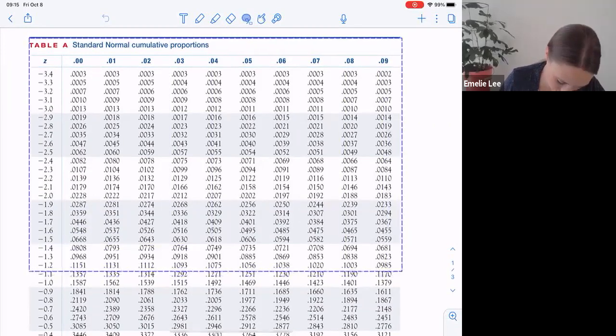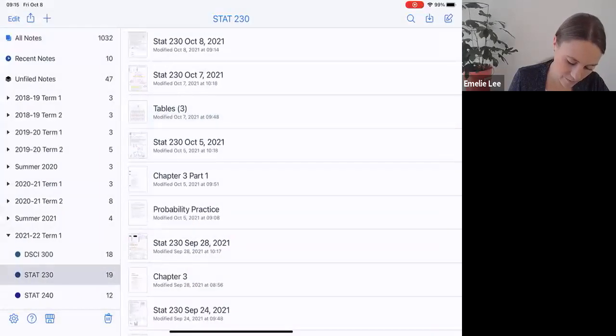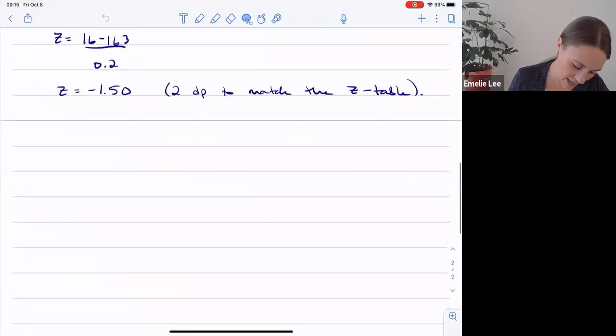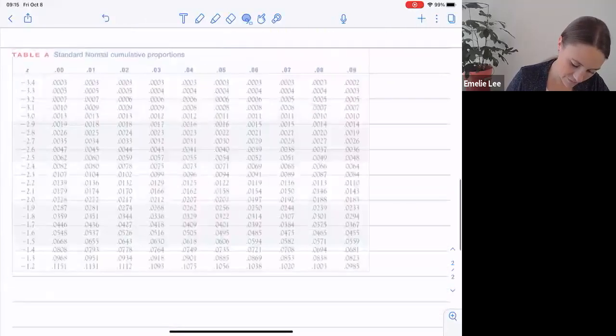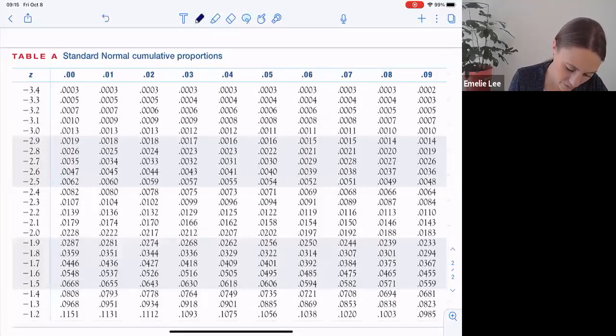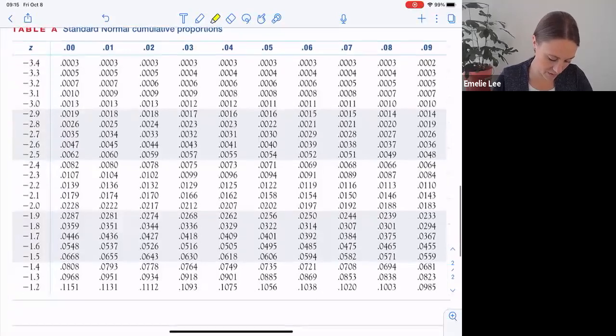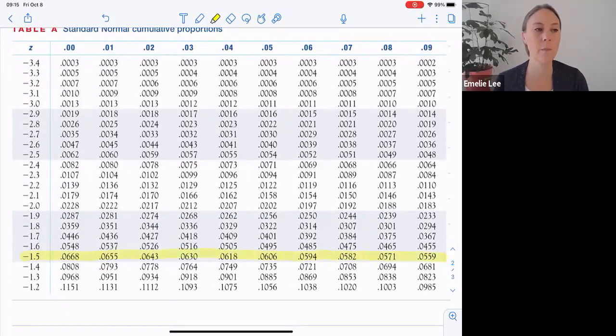I'll grab a portion of it at least. I'll have it big and then I'm going to scrunch it up because we don't need it that big in the notes, but I do want to show you where it's coming from, especially these first couple of times. So negative 1.5 is this row here.